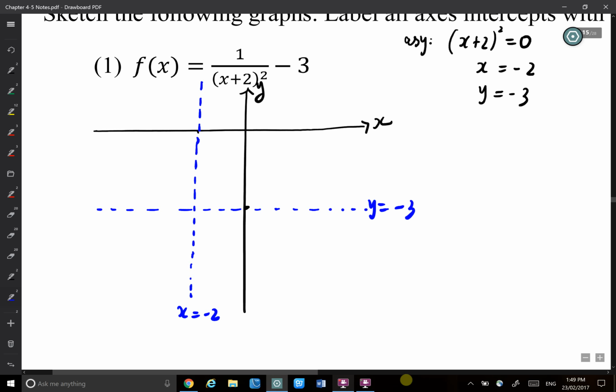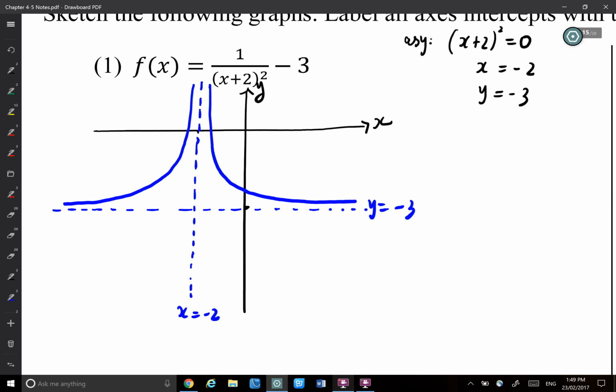Okay, you will have this graph. You have this graph and this graph. And you need to find the x and y intercepts.